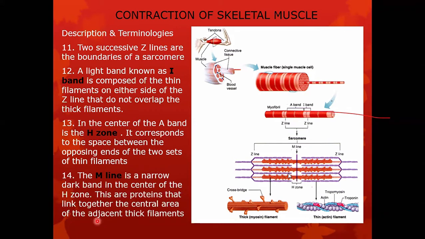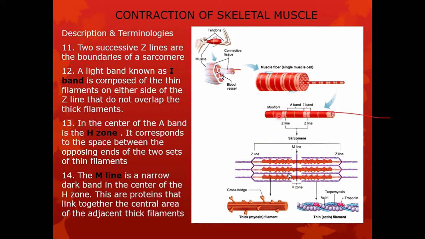Two successive Z lines are the boundaries of a sarcomere, this one, okay? So there will be another Z line here.